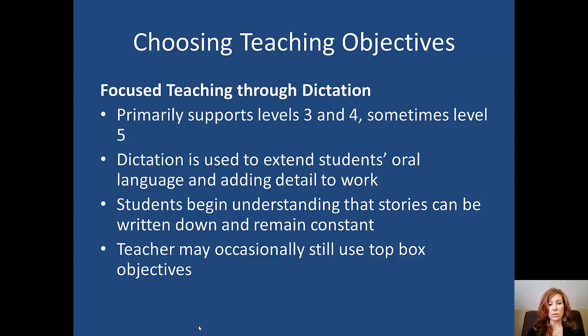So as the student tells the story, you're going to be dictating what the student is saying. And what we hope to teach children in this stage is that writing can be written down and remains constant over time. So when they come back, their story is going to be retold the same way. And you will know this based on the dictation that you've taken.